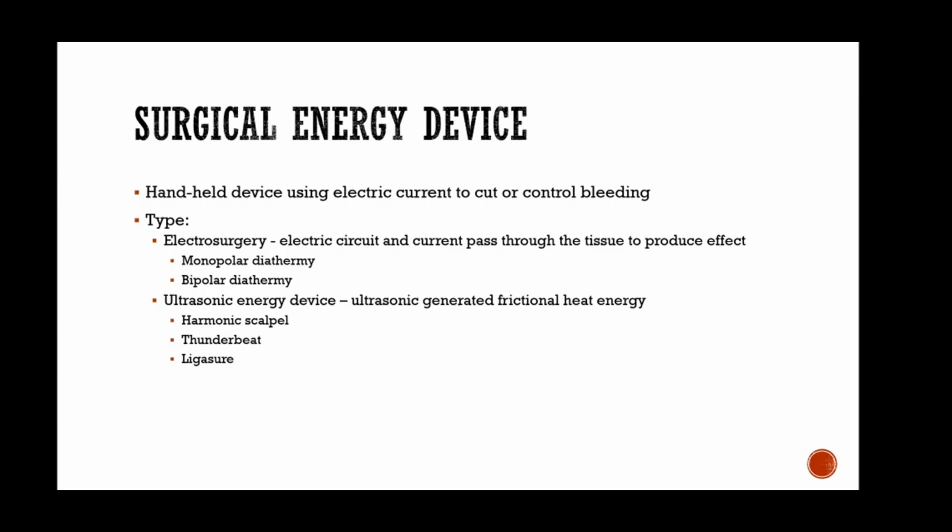You have two types, either monopolar diathermy or bipolar diathermy. The ultrasonic energy device produces ultrasonic-generated friction, and the friction produces heat. In the current market, we have three types so far: Harmonic, Thunderbeat, and Ligasure.